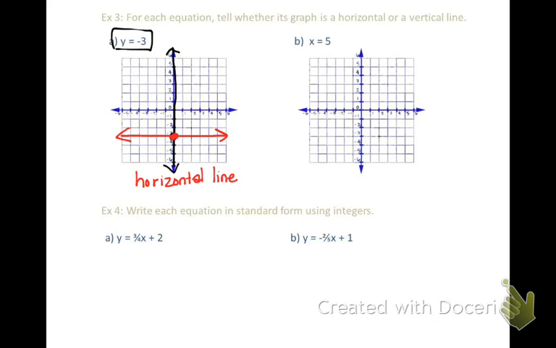On 19 through 22, you will just need to tell me if it's vertical or horizontal. On 23 through 26, you are just going to graph them. So this is just going to be helpful for you. X equals 5. So I'm guessing we're going to look at the X line. This is your X line. And you are going to find 5 on your X line.